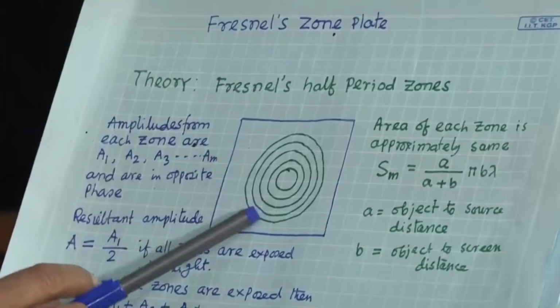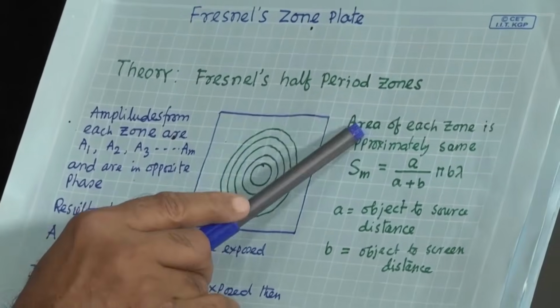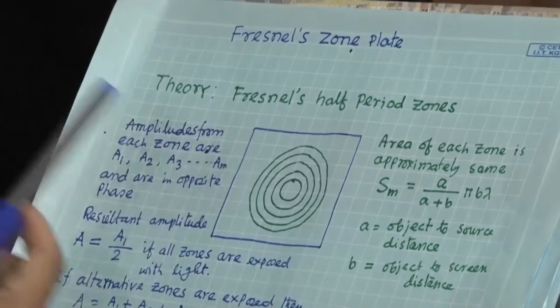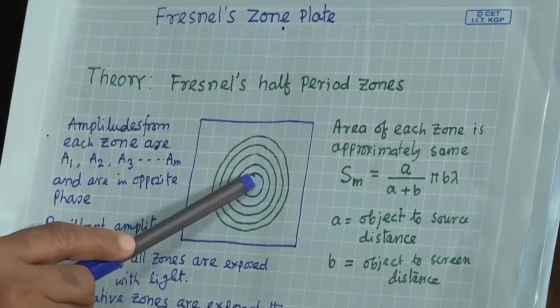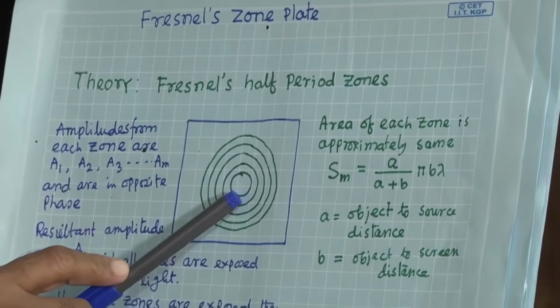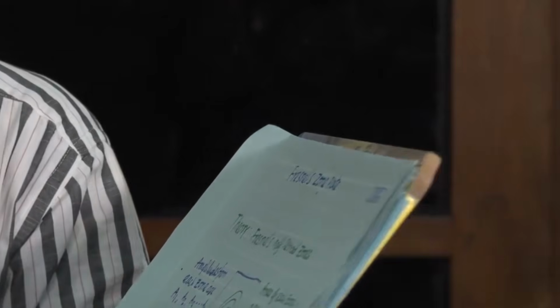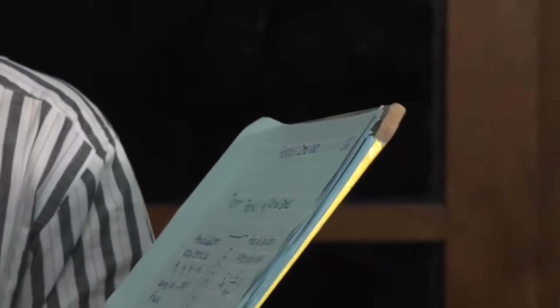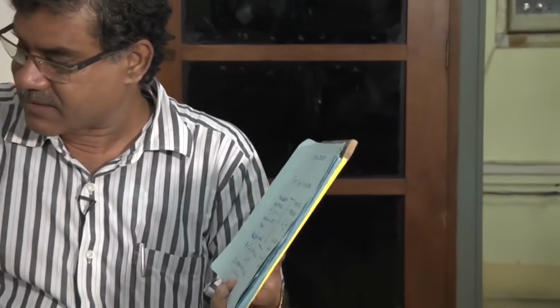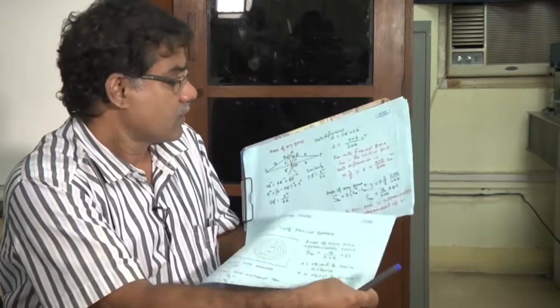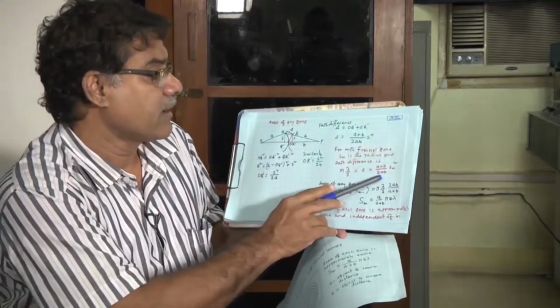I calculated the radius of these concentric circles, let me see where I kept it. Yes, I got it here.